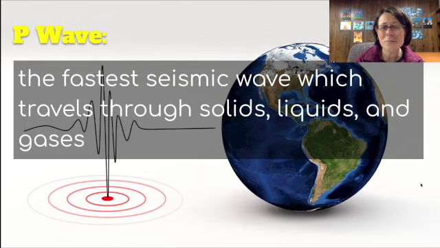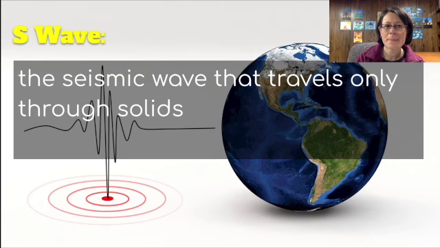P wave, the P stands for primary. This is the fastest seismic wave, which travels through solids, liquids, and gases. There are also S waves. These are seismic waves that travel only through solids.